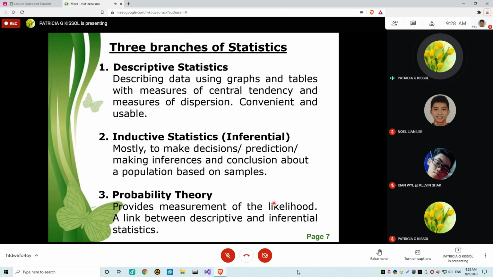So we can say descriptive statistics is the most convenient and very easy to use because you have been exposed to all the topics of descriptive statistics since high school.